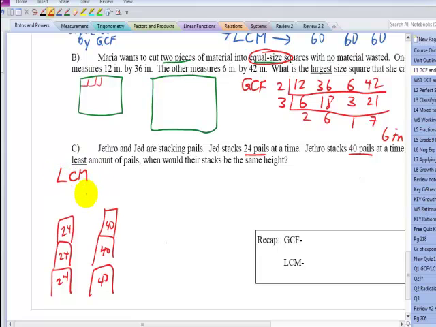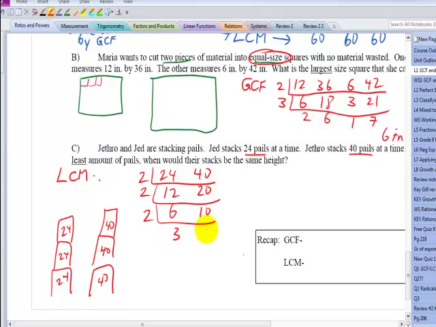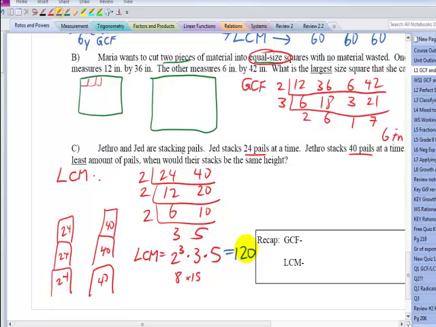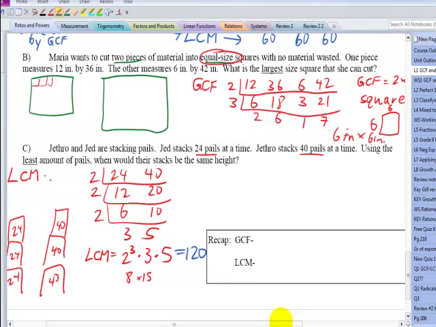So, 24 and 40, go ahead, do your division, find your LCM. So the LCM is 120. That's when the pails will be the same height.